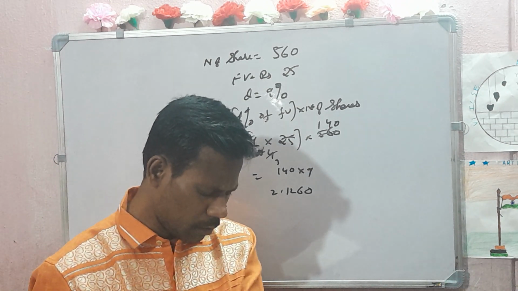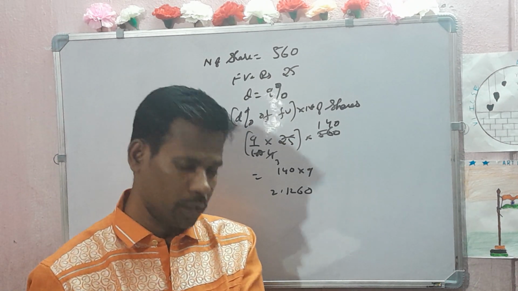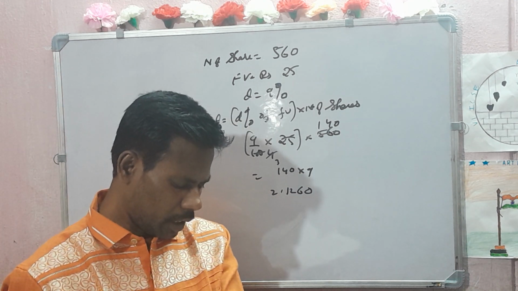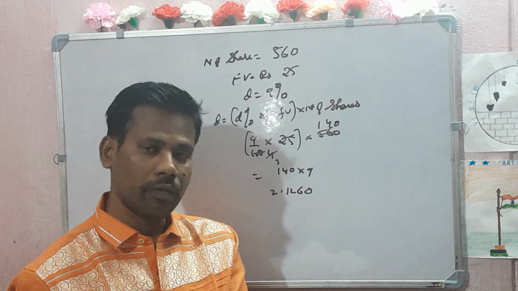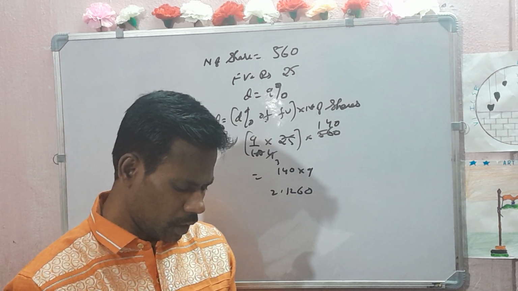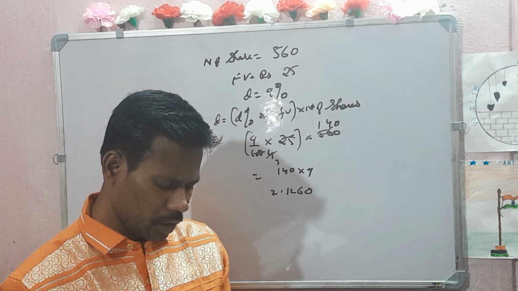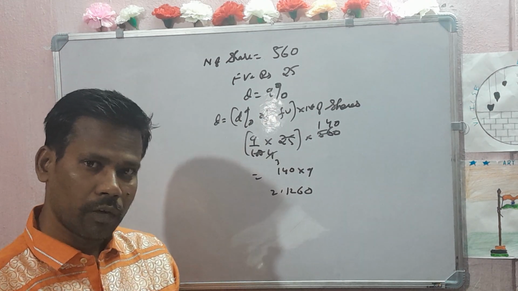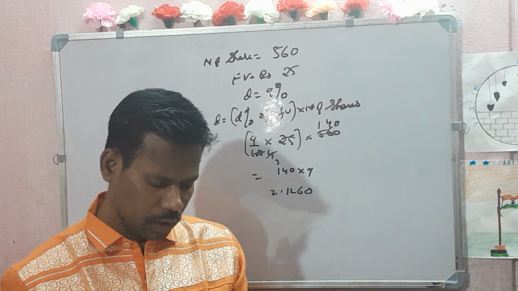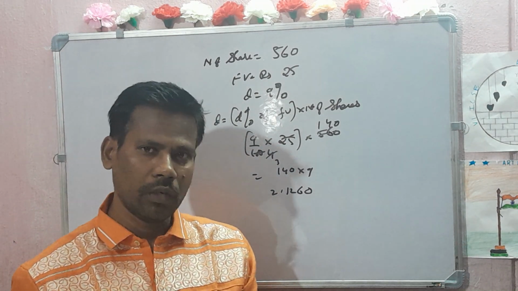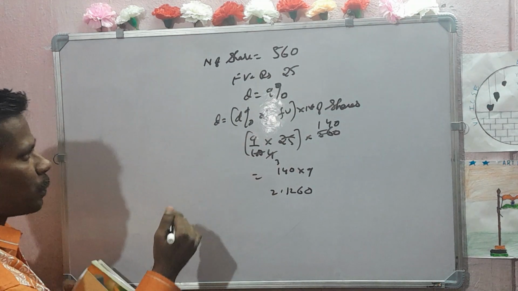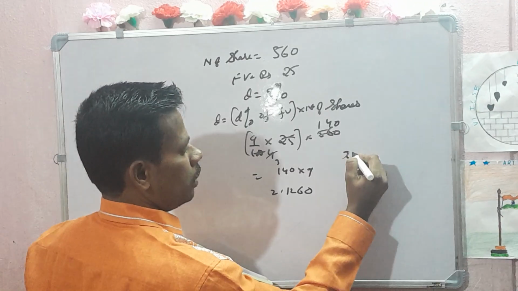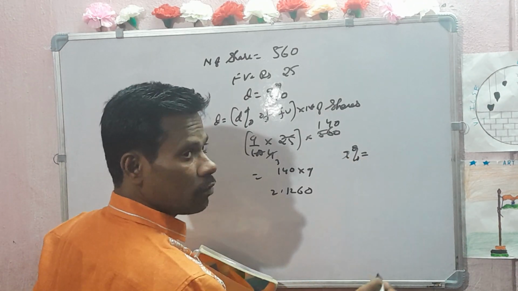And what is asked in the second part? The rate of interest on his investment, considering that Arun bought the shares at rupees 30 per share. Once again, the rate of interest on his investment. Here, rate percentage on his investment is asked.